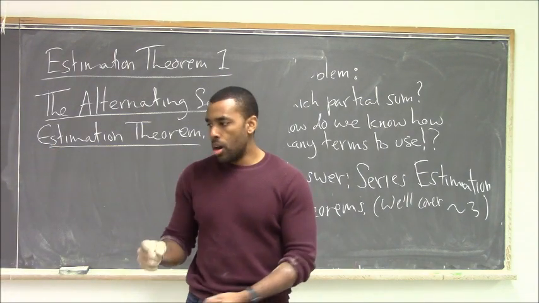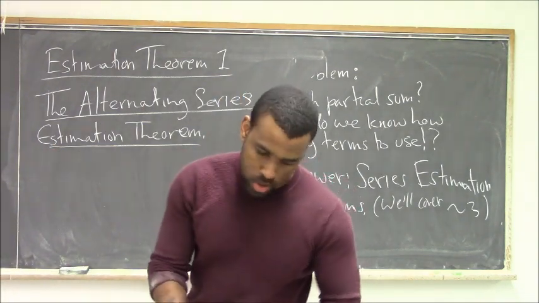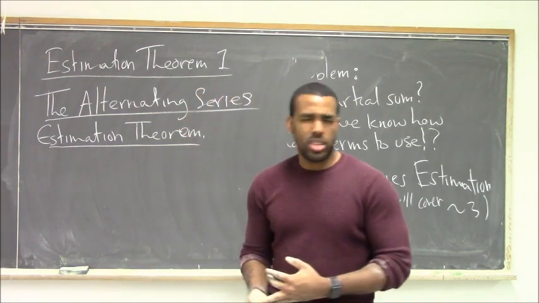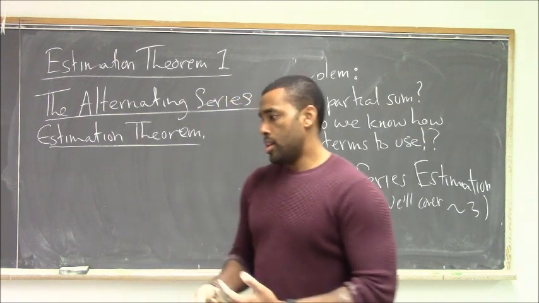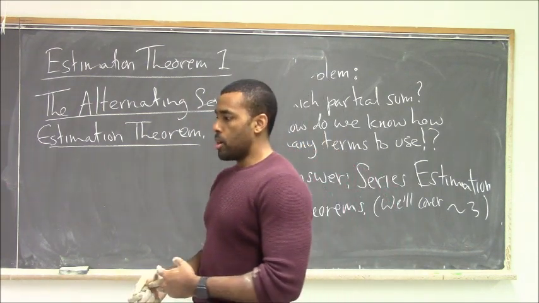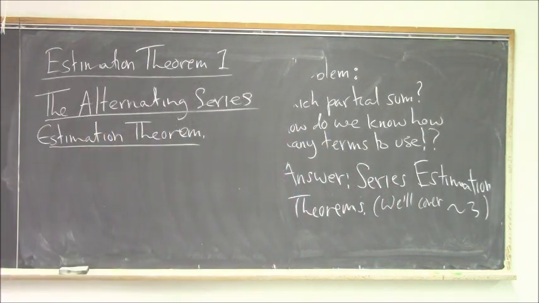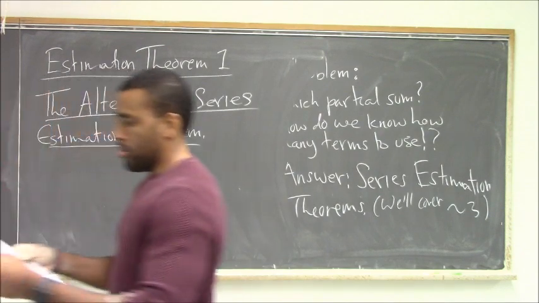And I think I'll talk about one for the comparison theorem. I also think I'll talk about one for the integral test. And maybe I'll talk about a P-series one as well. I mean, I wrote down some of them that I wanted to talk about.